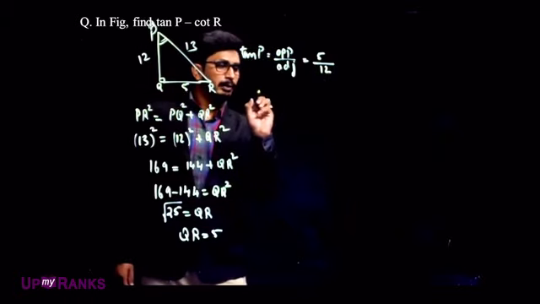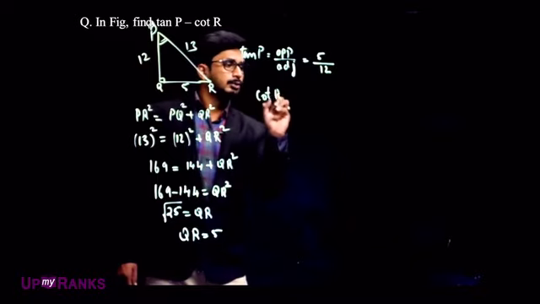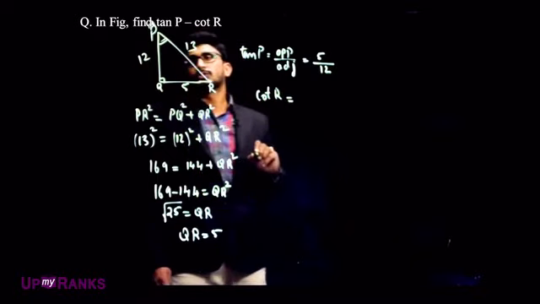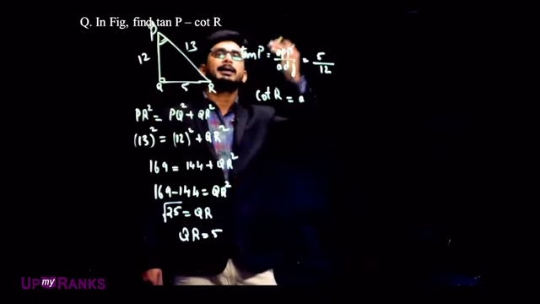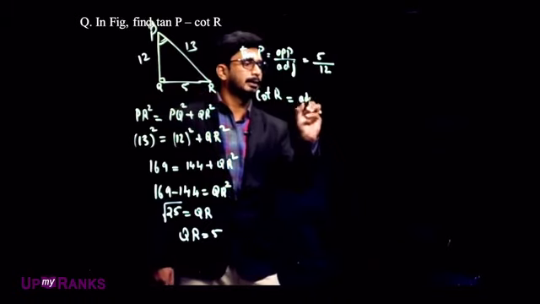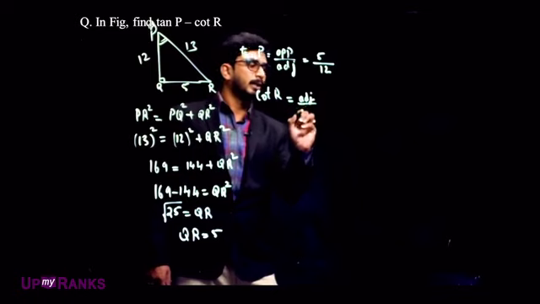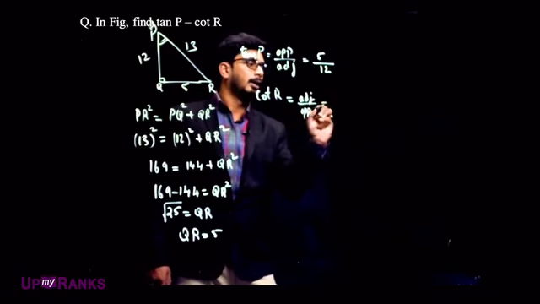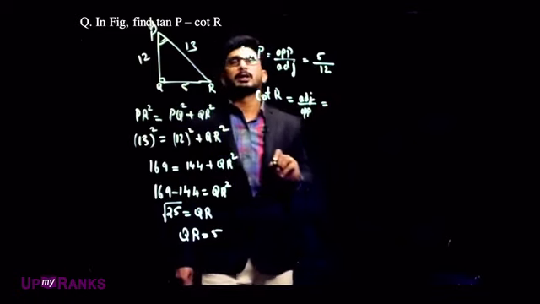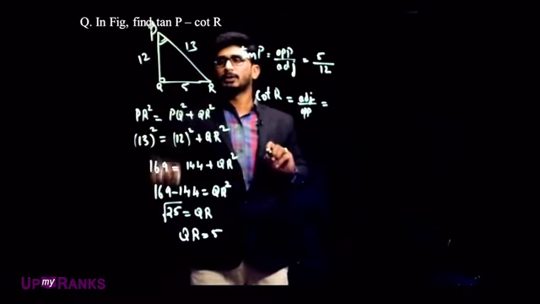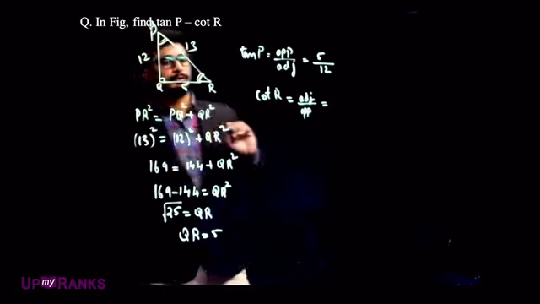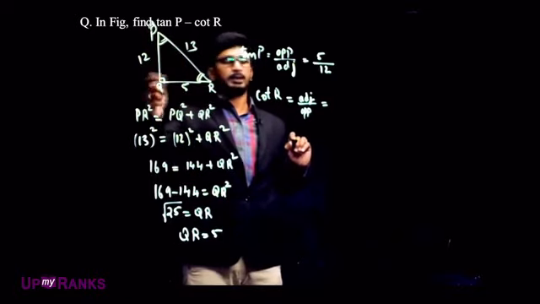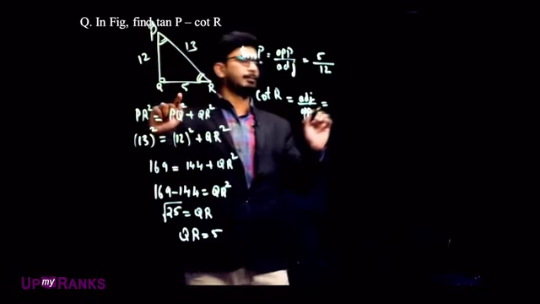Then cot R. Cot is the reciprocal of tan, which is adjacent by opposite. So cot R is 5 by 12.